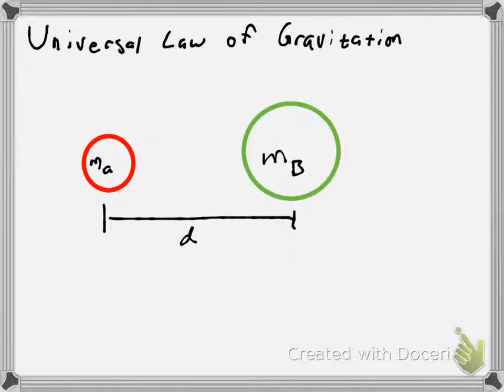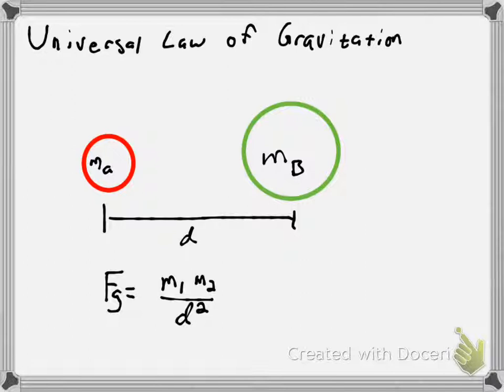And we do that by saying the force of gravity equals the two masses multiplied together divided by how far apart they are squared.